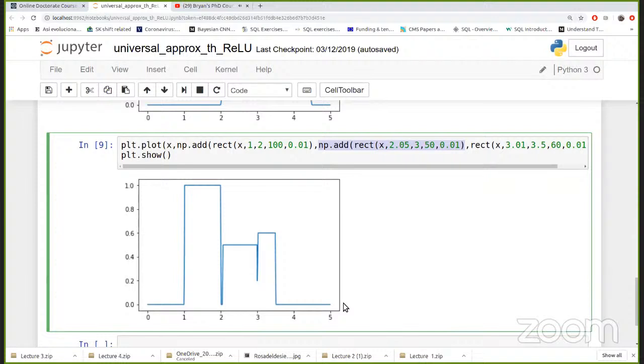But you see that this plot is a combination of ReLUs. It's nothing but a combination of ReLUs. So even a ReLU, which is not a bounded function, can do the work for you. Okay, is this clear? Are there any questions so far?